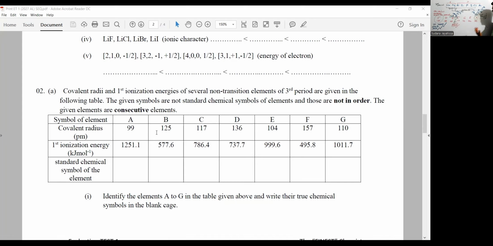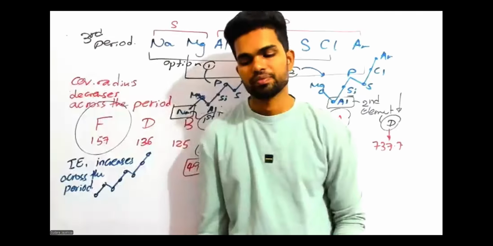Now let's prove that the second option is wrong also. Element D has 737.7, but it is not the lowest value. So the second option is not going to work. That is how you identify exactly what A, B, C, D are.